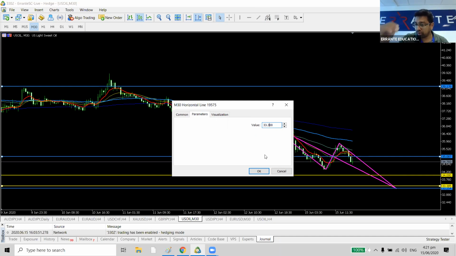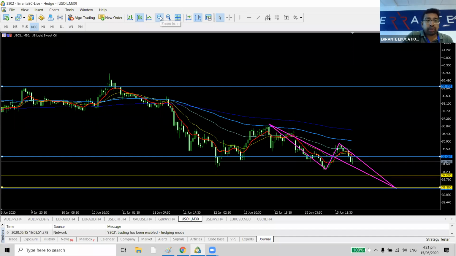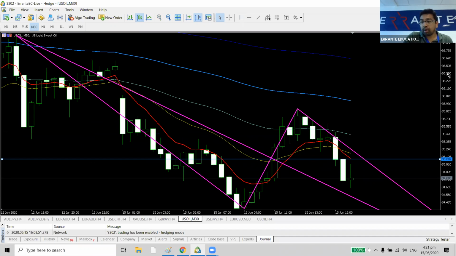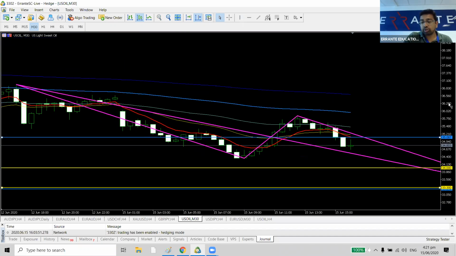That's 34. Then I've got your 33.30. So this is basically US oil, let's say, just demonstrating what the market is giving and how I can actually trade it. You have got 34 and then you got 33.30. Okay, so you do have price differences there.